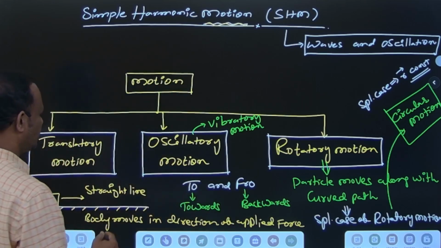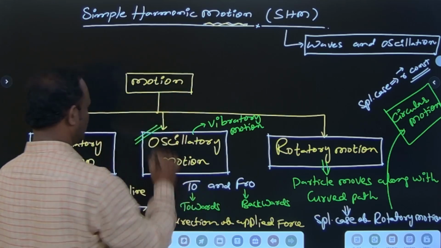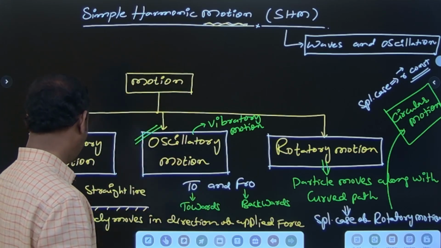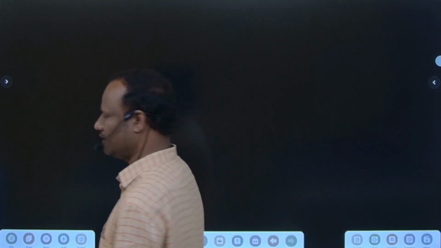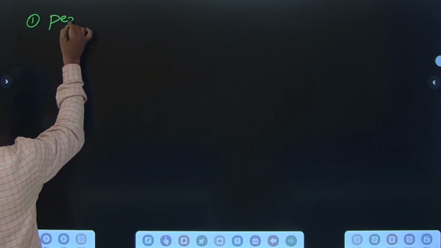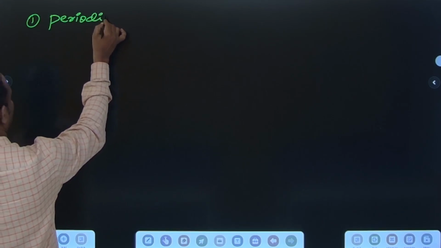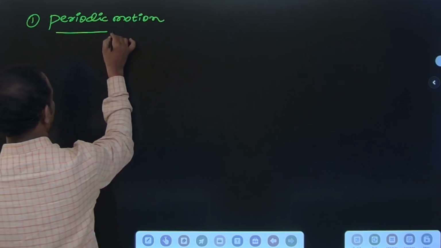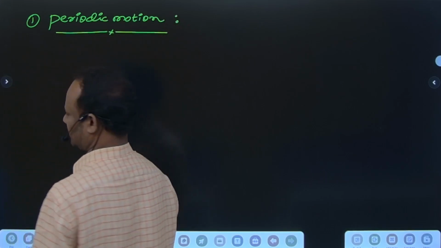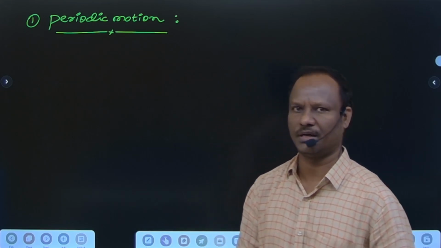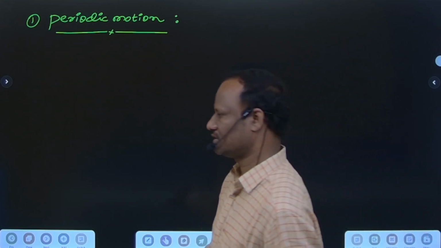So our discussion is about oscillatory motion, that is, vibratory motion. In oscillatory and vibratory motion, the first condition is periodic motion. What is periodic motion? Periodic motion means any particle moving along the same path in equal intervals of time.